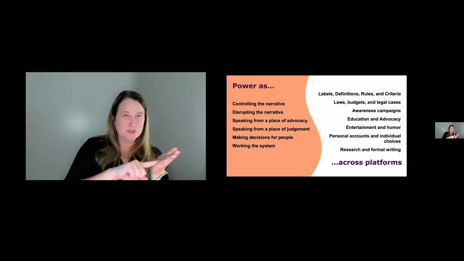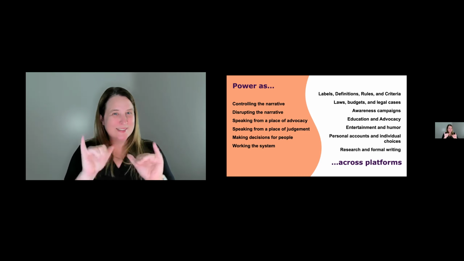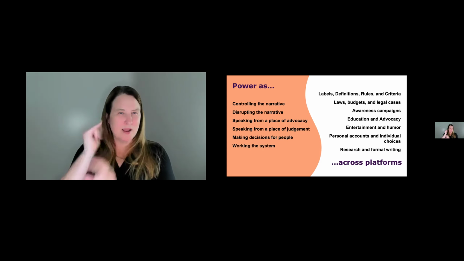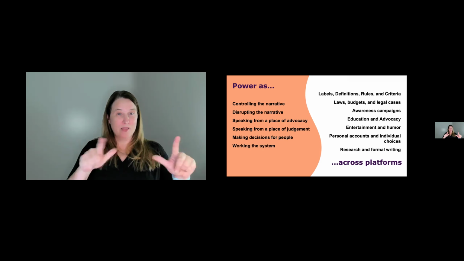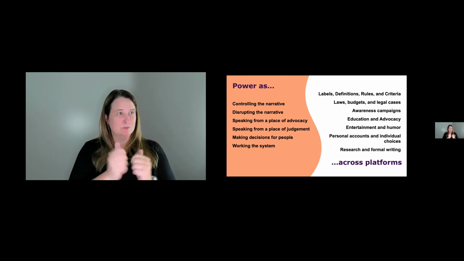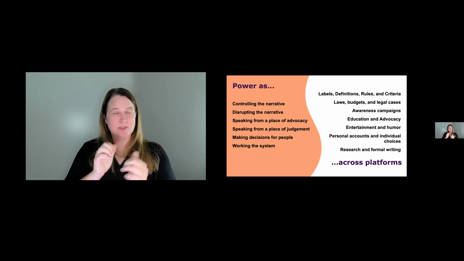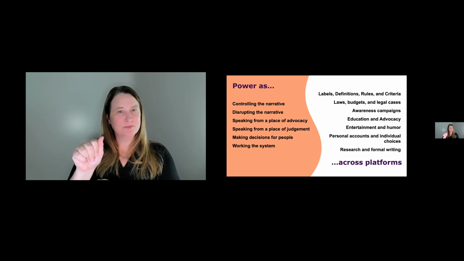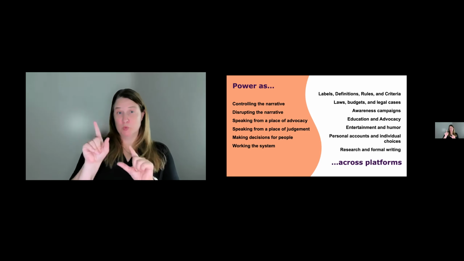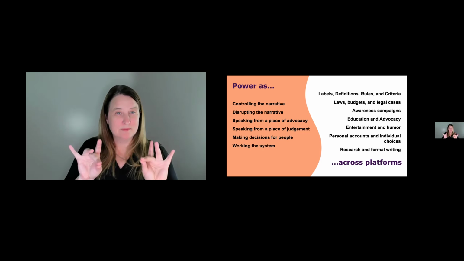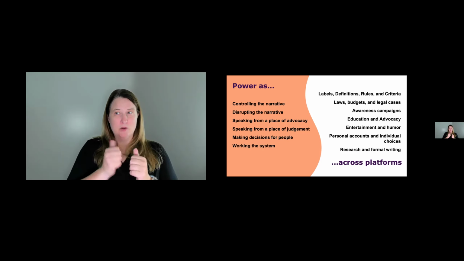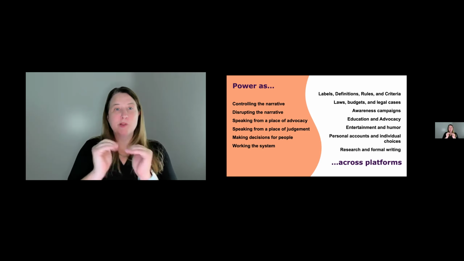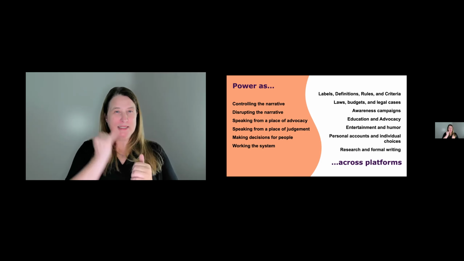So the last example here on the list is about research and writing. You're still in school, you're still learning how to make sense of all of this information, how to apply these ideas. And your decisions about language are a big part of how you accomplish your goals, of how you unpack and understand disability. So think about what words you choose to use and how you make your goals within maybe papers or discussions with peers.